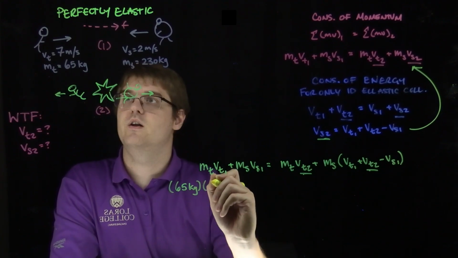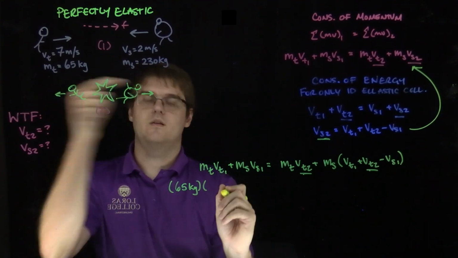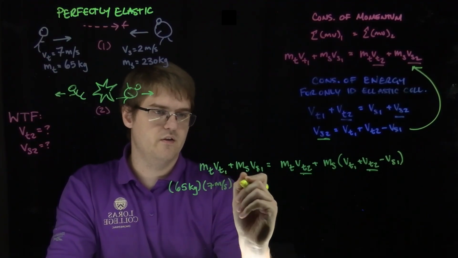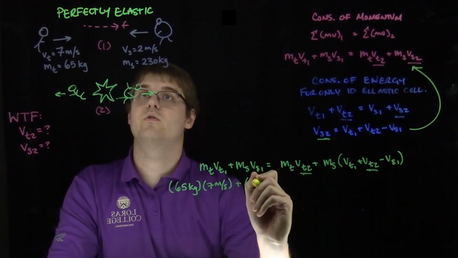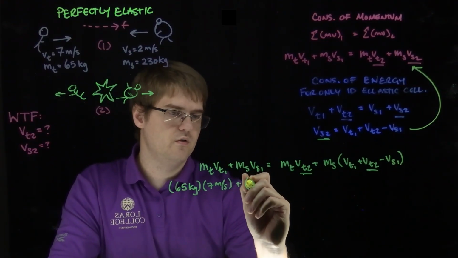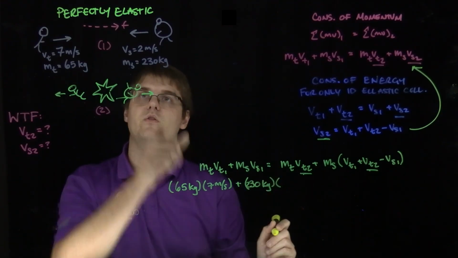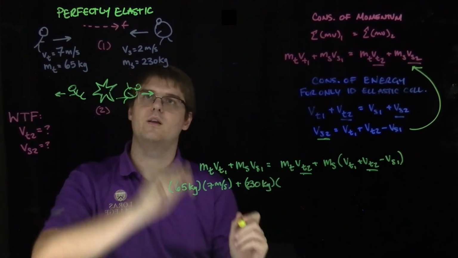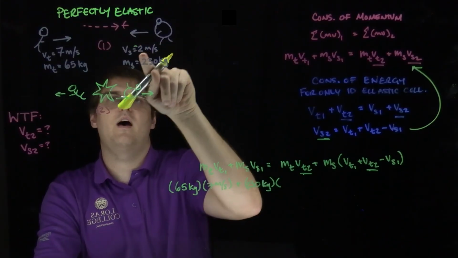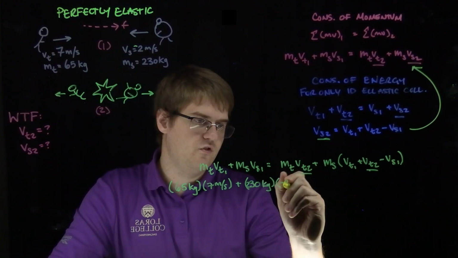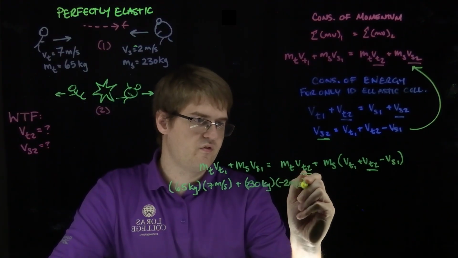Velocity of my track star initially is, well, I said to the right was positive, so I've got 7 meters per second, and that's positive. Mass of my sumo wrestler was 230 kilograms. Velocity of my sumo wrestler is negative, because I defined positive to the right, so that's negative 2 meters per second.